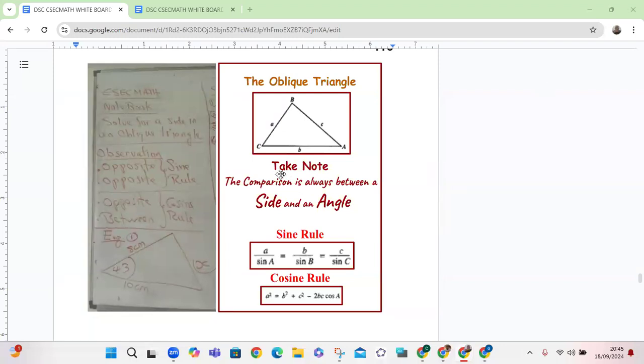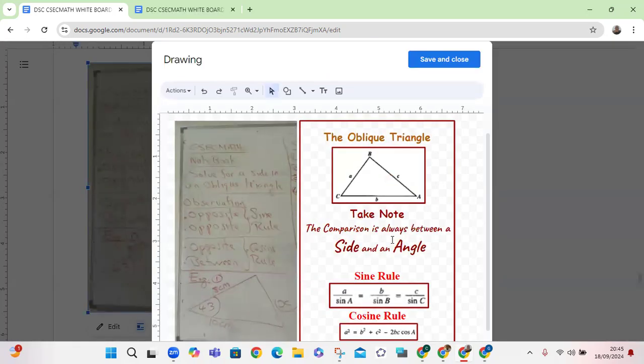Now let's repeat. Take note that for the oblique triangle, the comparison is always made between side and angle. I use the word between there. Best I change this word, because between is a reserved word for the cosine rule.